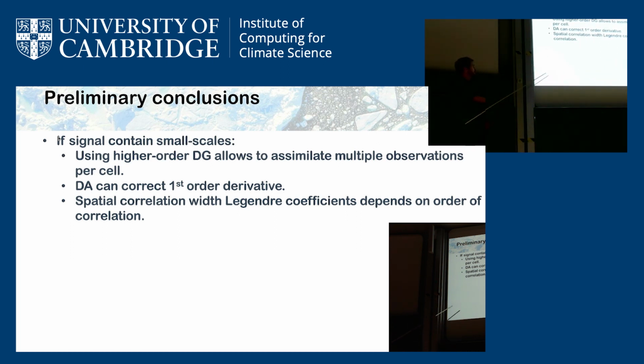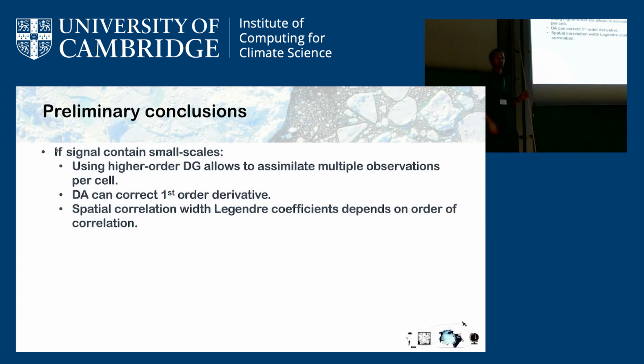And it looks like there is a need for different localization scales for different orders, though it is yet to be seen whether that also improves the output of the data assimilation.